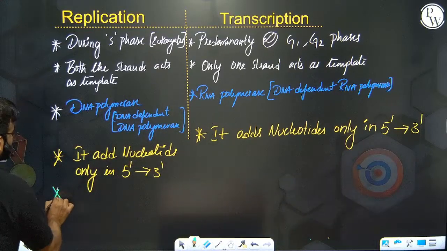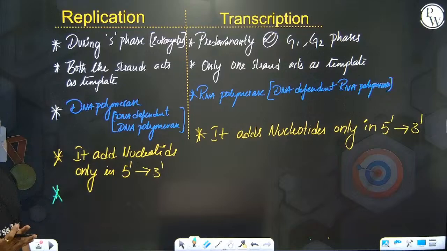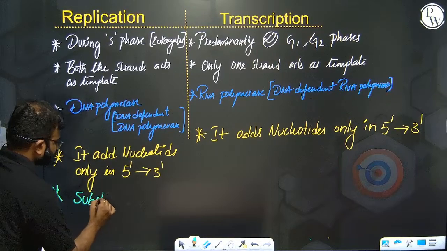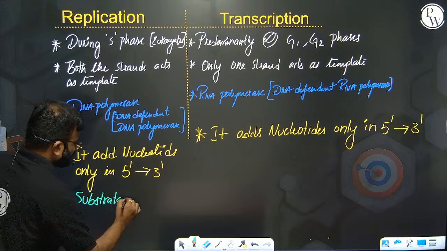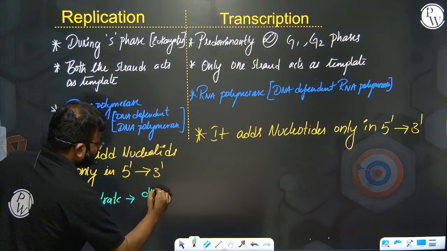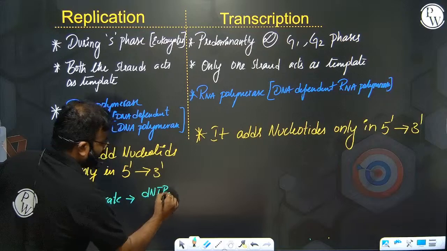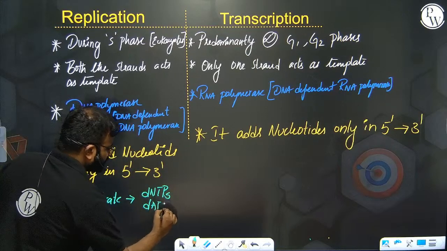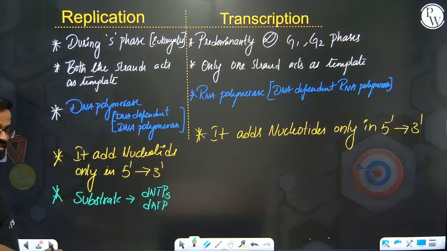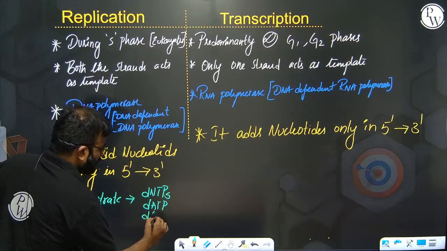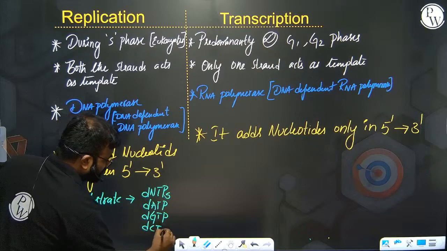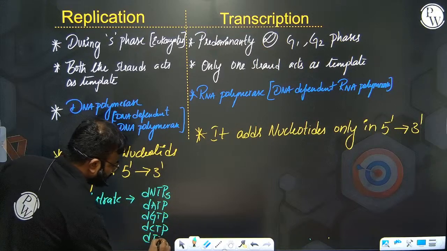Next, which ones act as substrates? The substrates in replication are dNTPs: dATP, deoxyadenosine triphosphate, deoxyguanosine triphosphate, dCTP, dTTP, and so on.